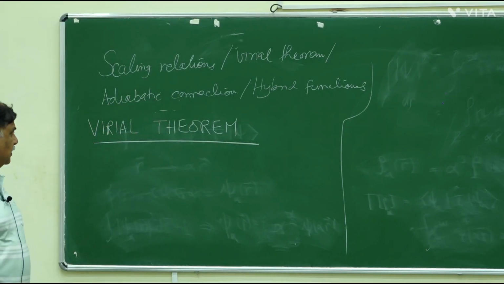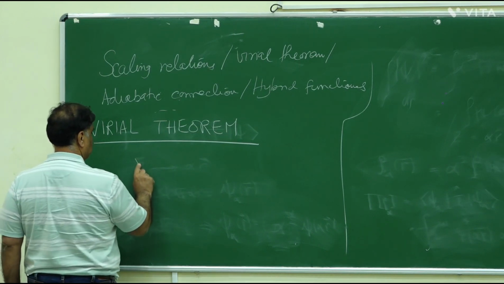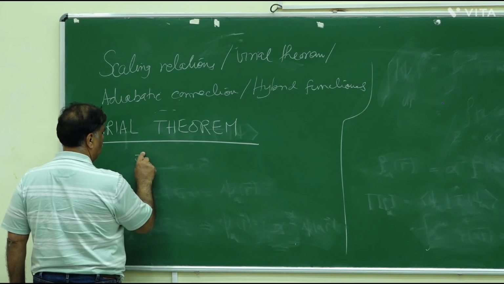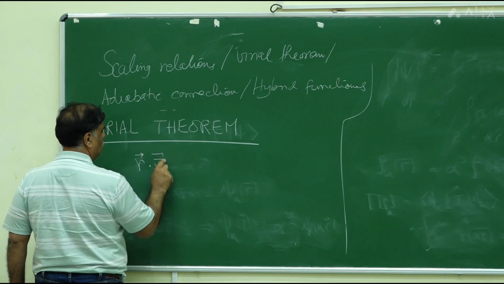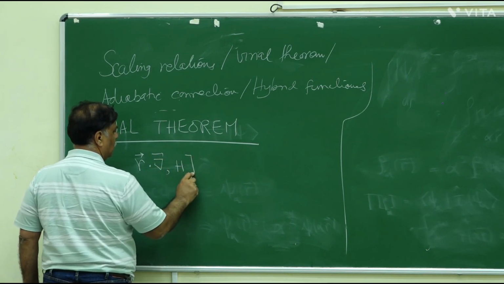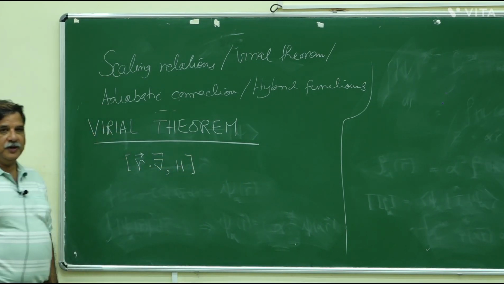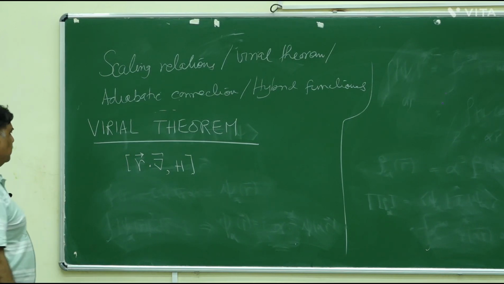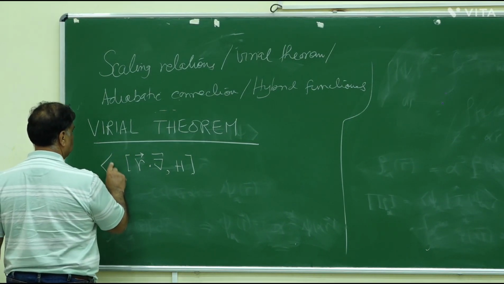The way Virial theorem is derived is you write the expectation value of operator R naught del commutated with H and write its expectation value.